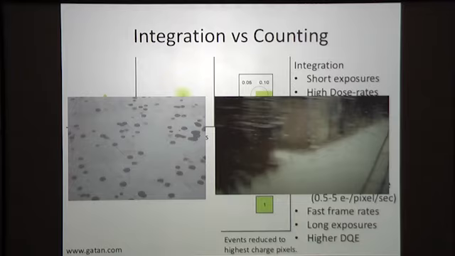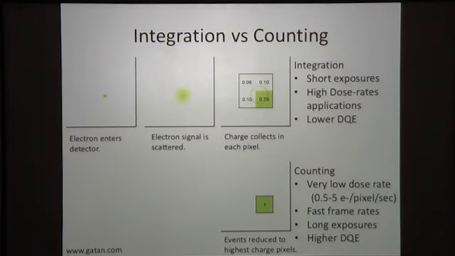However, if it starts raining really fast, you can't distinguish the events. So this means that we have to have very low dose rates, anywhere between 0.5 to 5 electrons per pixel per second, and we have to have very fast frame rates. What this means is that we end up taking longer exposures as well, which affects the data collection. However, the payoff is that you get less noisy images.